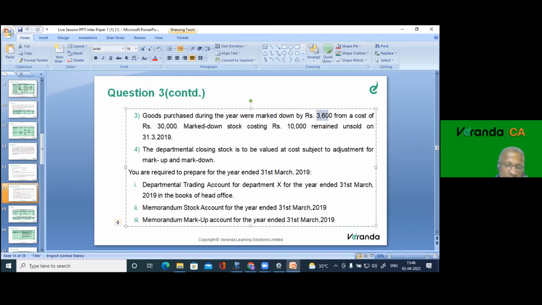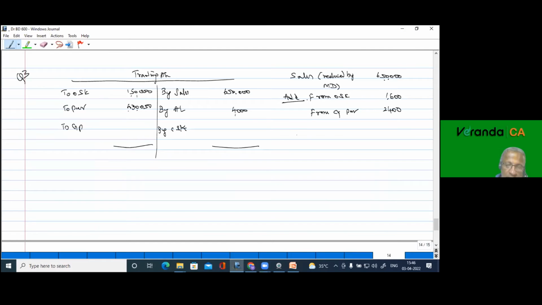Here they mentioned 3,600 as a markdown when the cost is 30,000. So 10,000 is unsold, which means 20,000 sold. What is the corresponding markdown? 3,600 divided by 30,000 multiplied by 20,000. That is the one that you have.